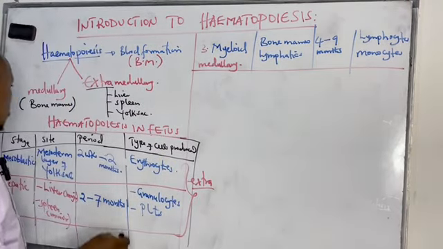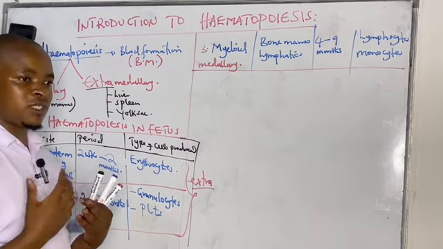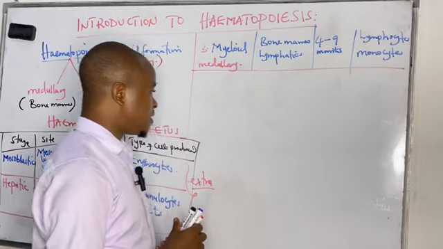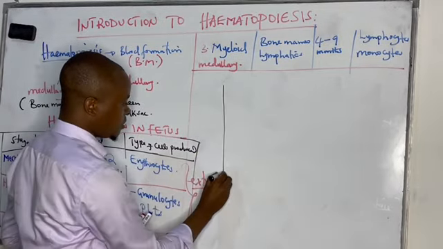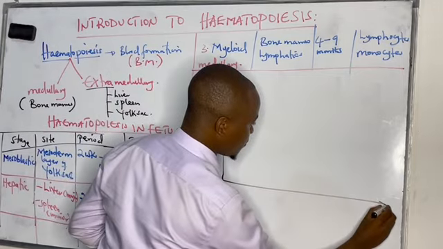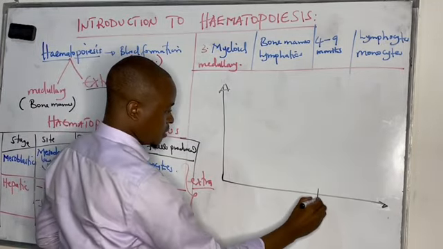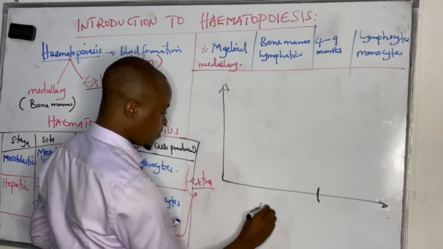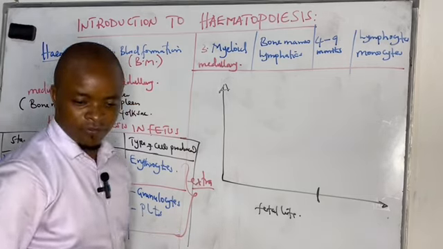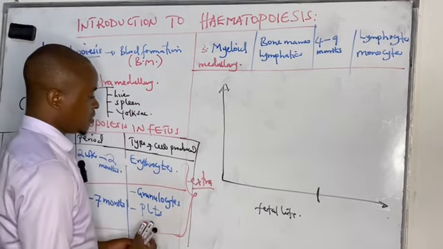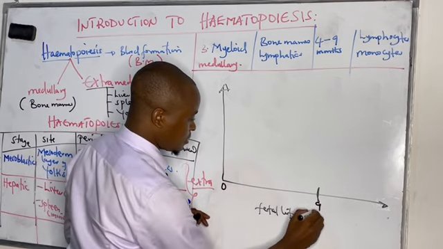So from there we are going to look at, after we have seen how they are produced, I can put it graphically, if I have this graph, and this is fetal life. This fetal life is from 0 to 9 months.